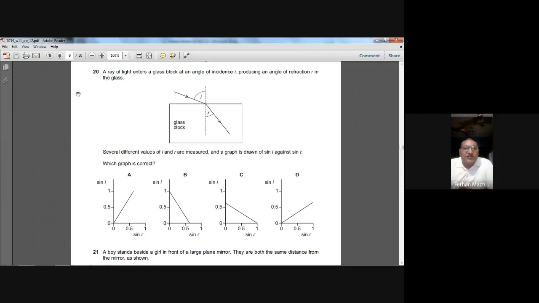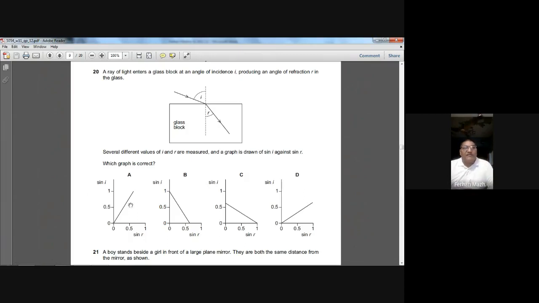So the competition is between A and D. In the D graph, approximately, its rise is suppose 0.6 and its run is 1. So when you divide 0.6 by 1, the answer will be 0.6. So its slope is less than 1. So D is also cancelled out.